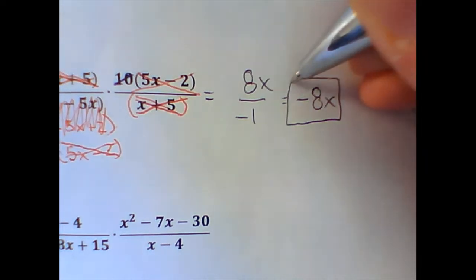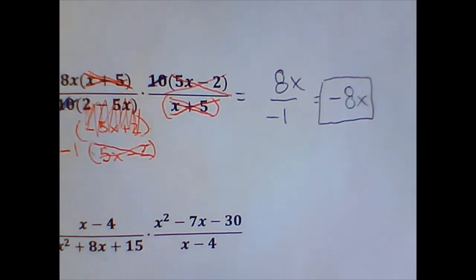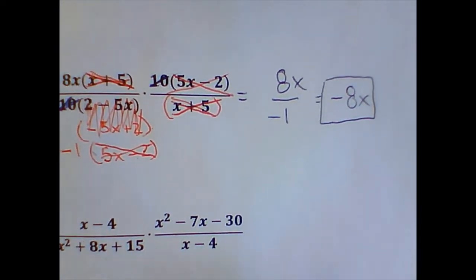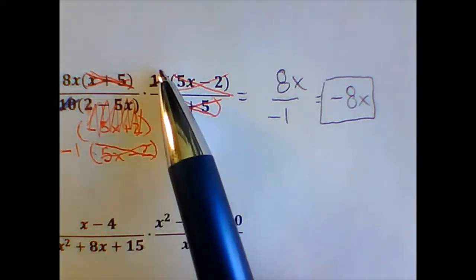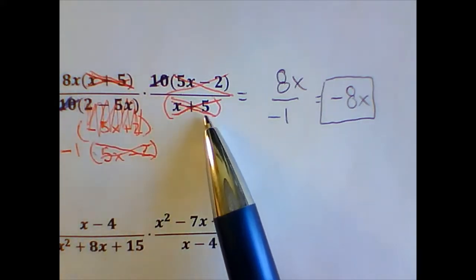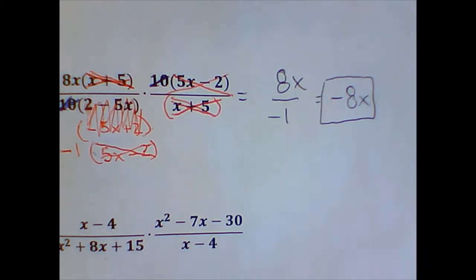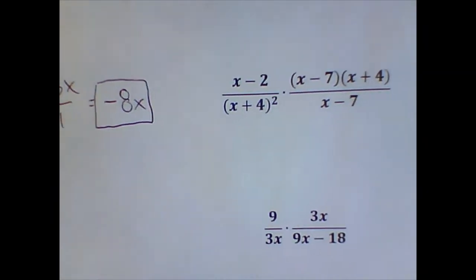And that is the answer. So we took a fairly long problem with a lot of different working parts and a lot of things going on and made it very, very simple. So this can be a big time saver. If you can find things that cancel out, you can make problems much simpler.